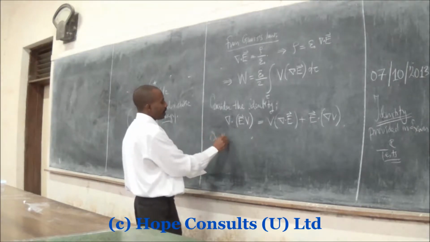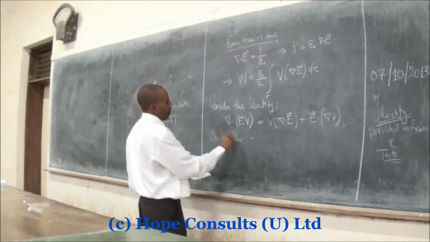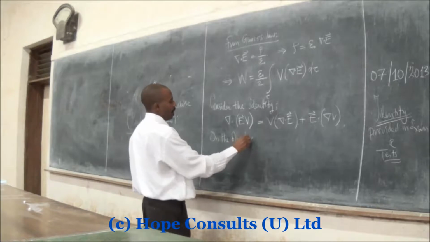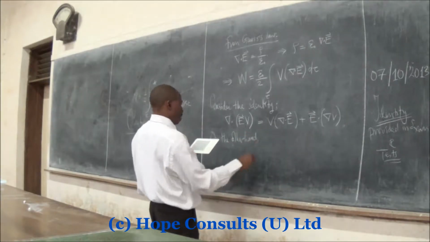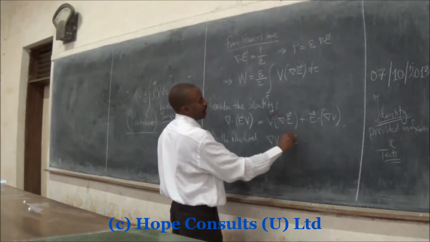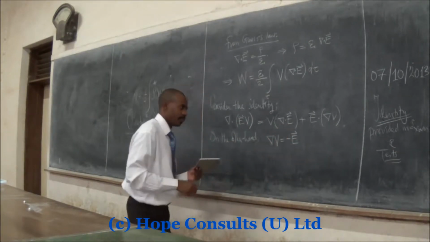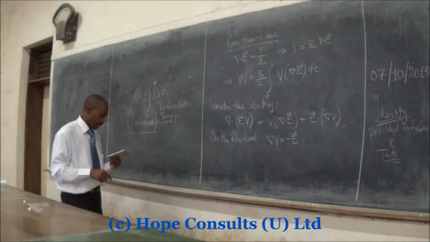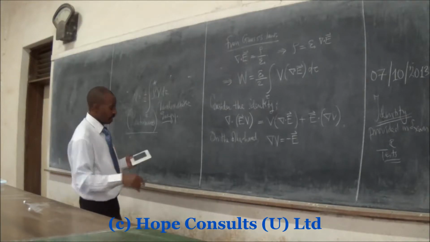On the other hand, grad V is minus E, if you remember from this expression we derived earlier in the course.